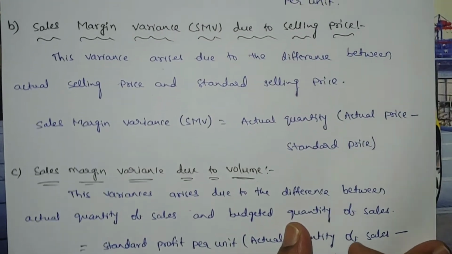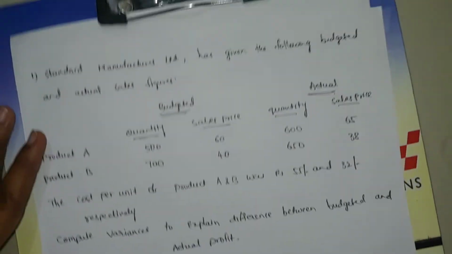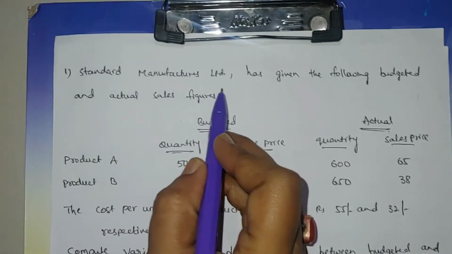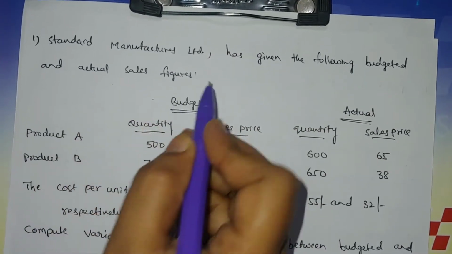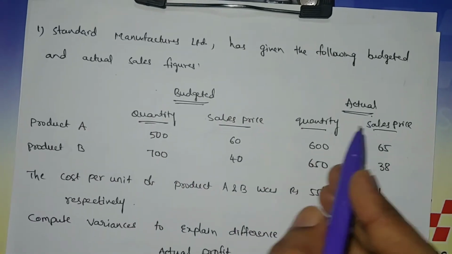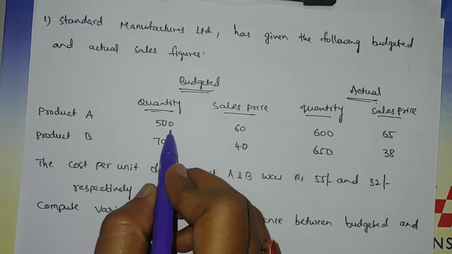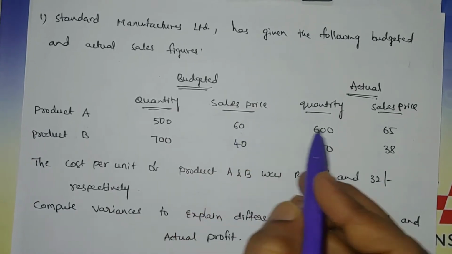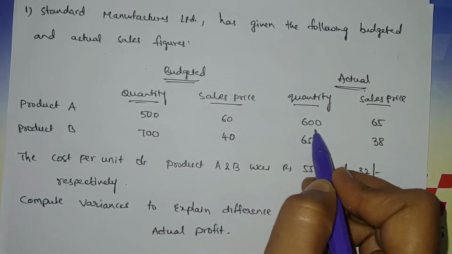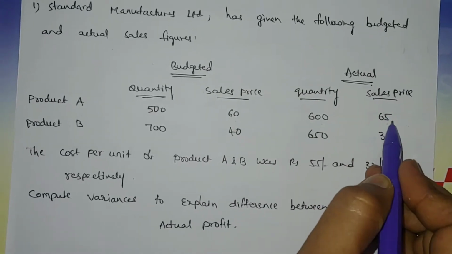Let's have an example. Standard Manufacturers Limited has given the following budgeted and actual sales figures. Product A: budgeted quantity is 500 units and sales price is 60 rupees; actual quantity is 600 and sales price is 65 rupees.